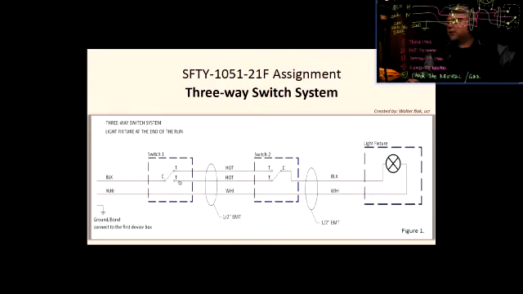Travelers are connected. Then hot to common. Hot to common. Then the common to the load from the other switch, common to the load, and close the circuit to the neutral. And then check for the neutral in every box. Yep, yep, and yep. In this case, you're done. Plus, check for the grounding and bonding.